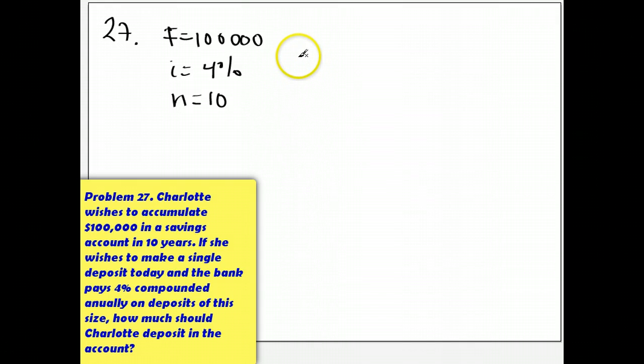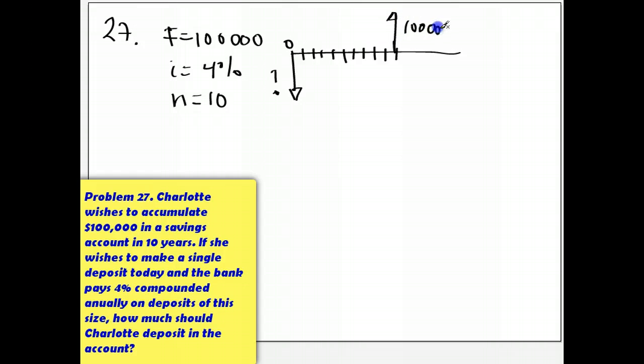A diagram that represents this is, we don't know today how much should be deposited. However, we know that this is today. We know that in 10 periods, that is 1, 2, 3, 4, 5, 6, 7, 8, 9, 10 periods from today, she wants to have $100,000.